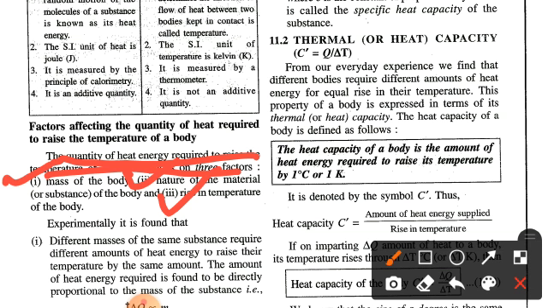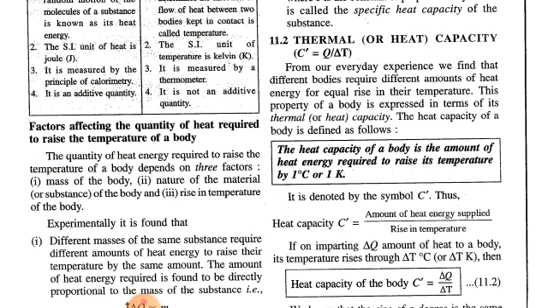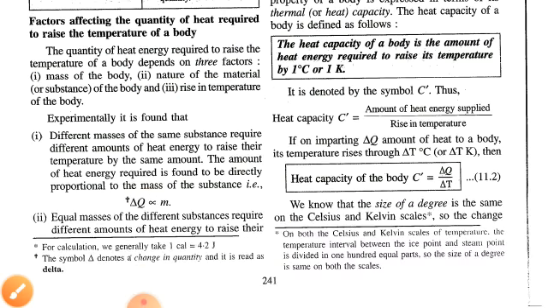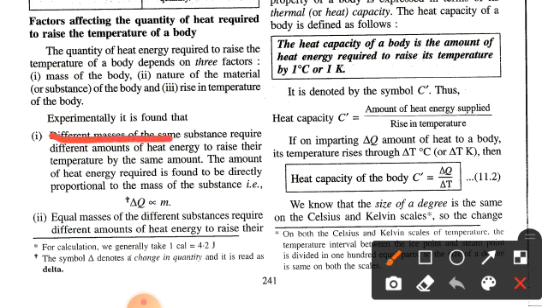Clear? Now experimentally it is found that different masses of the same substance require different amounts of heat energy to raise their temperature by the same amount. Clear? It means that if you take a rod of iron which has a mass of 5 grams and another rod of copper, also of mass 5 grams, the amount of heat you have to give to raise the temperature of iron and copper is totally different.